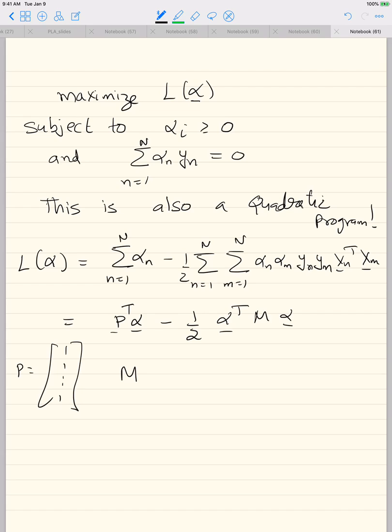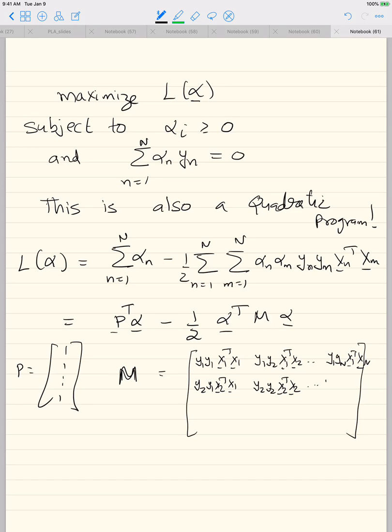And M is the matrix of the form: y1 y1 x1 transpose x1, y1 y2 x1 transpose x2, up to y1 yn x1 transpose xn; y2 y1 x2 transpose x1, y2 y2 x2 transpose x2, y2 yn x2 transpose xn; all the way up to yn y1 xn transpose x1, up to yn yn xn transpose xn.